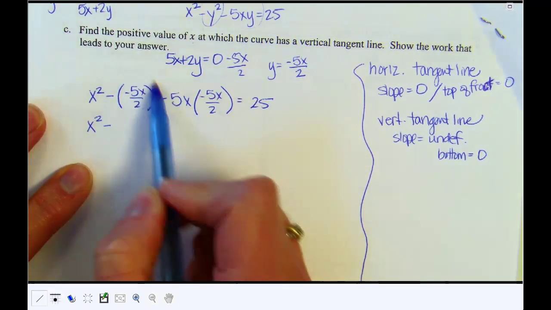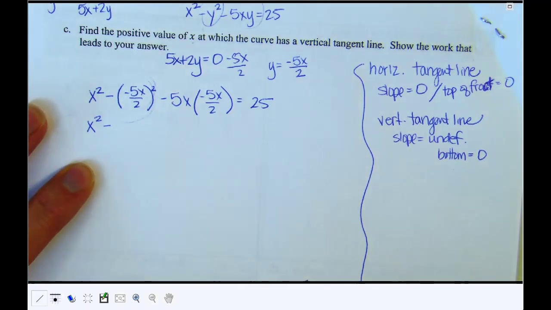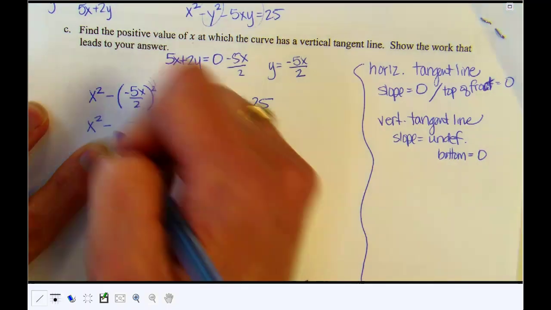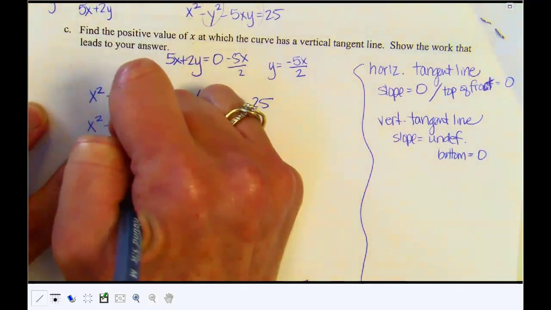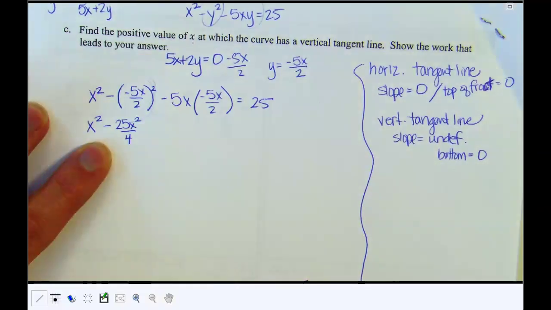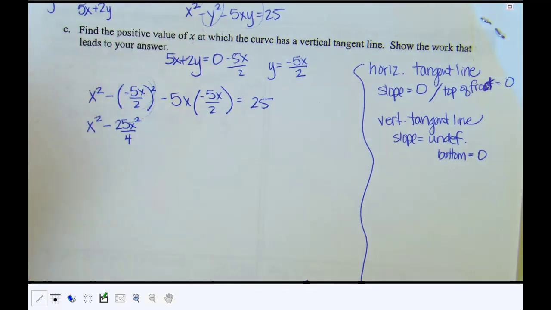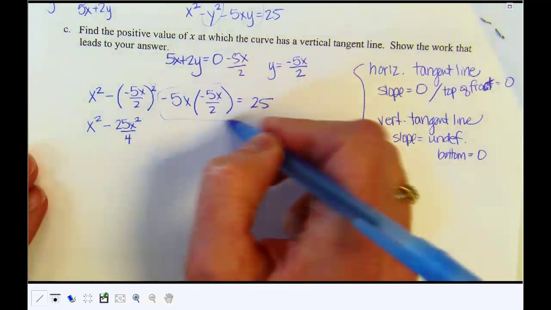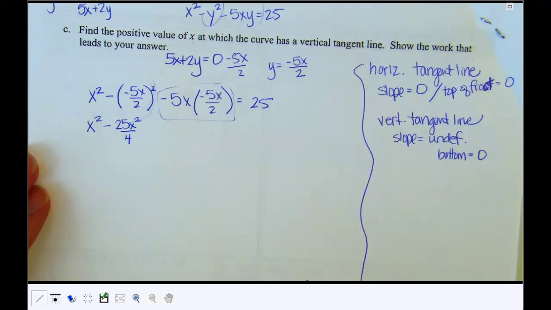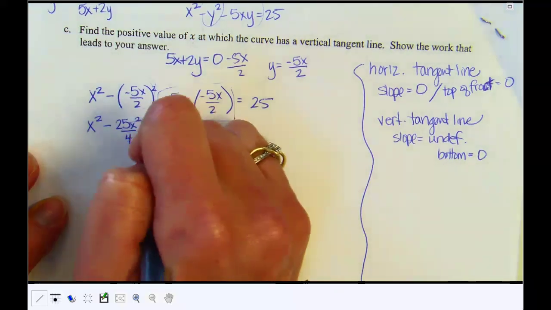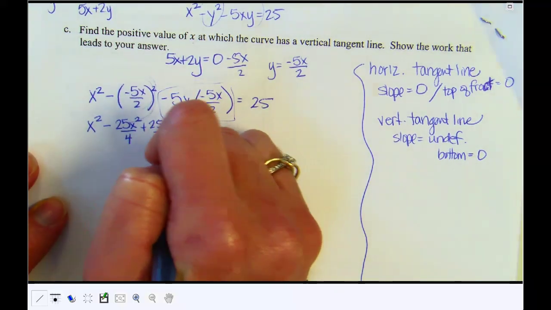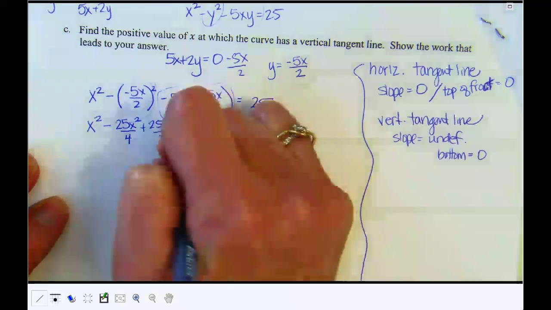So what is that? 25x squared over 4. Okay, the inside of the fraction comes out positive, but there is a minus in our original equation. Okay, when you multiply this mess, what do you get? 25x squared over 2, and that equals 25.